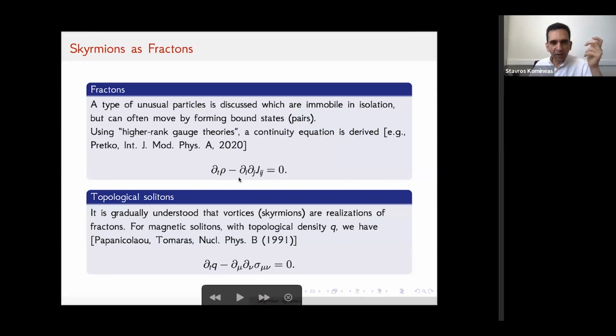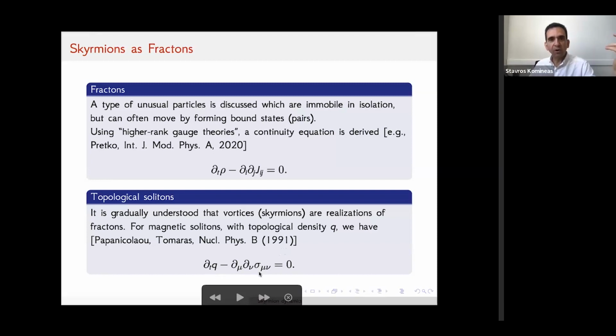So actually, what I said in this talk earlier is that for the topological textures, skyrmions for example, in magnetic materials, a similar law, if not an identical law, was derived quite a few years ago, much earlier. But here it contains the topological density of the skyrmion.